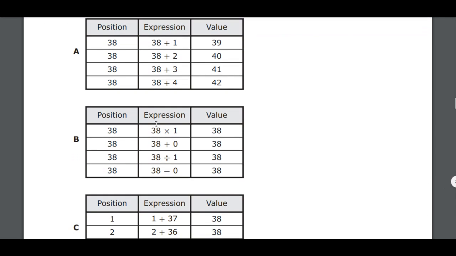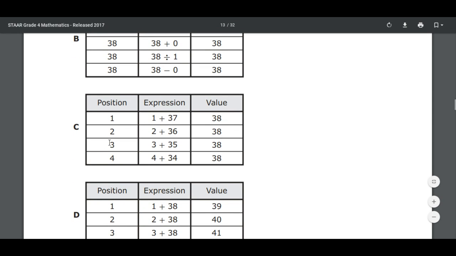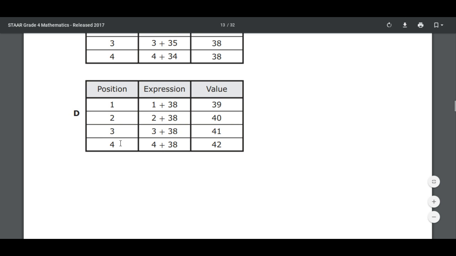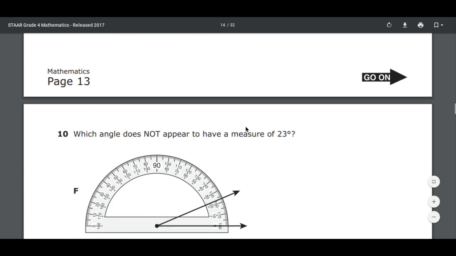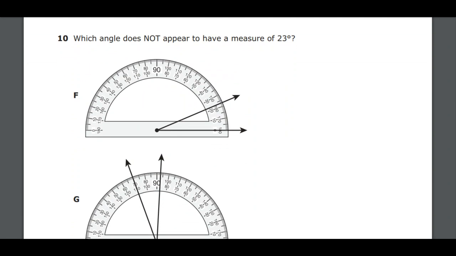Letter B, position, value. Letter C, position, value. Letter D, position, value. Question 10. Which angle does not appear to have a measure of 23 degrees?